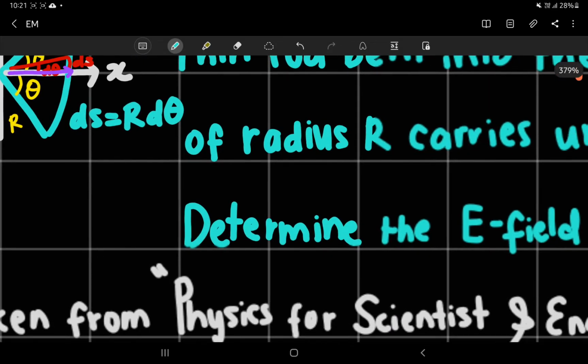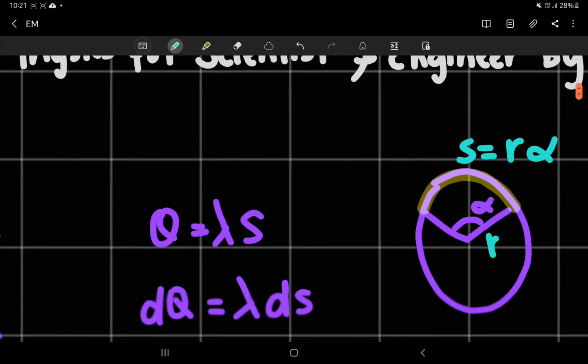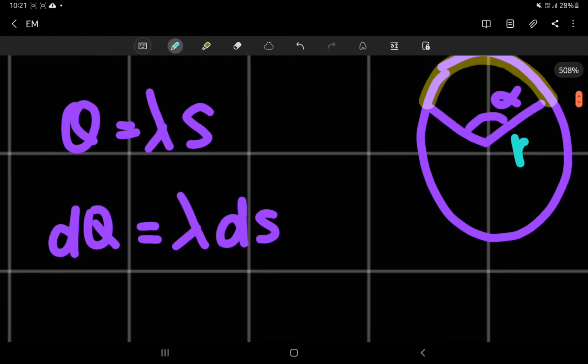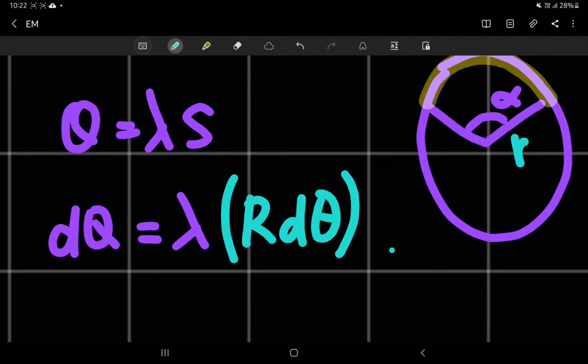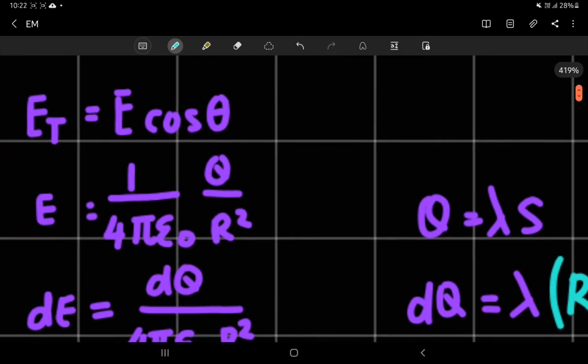We can substitute this into dq, so dq is lambda r d theta, and then substitute into our first equation.